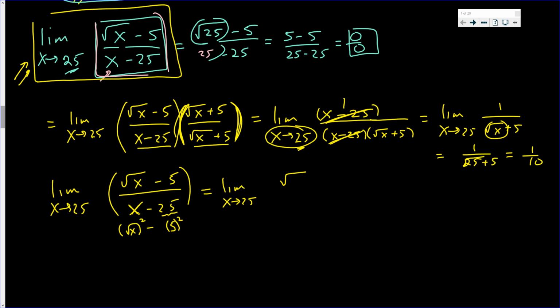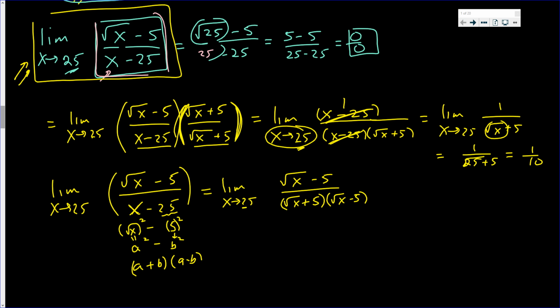So the top is square root of x minus 5, and the bottom is the difference of squares. If square root of x is a and b is 5, this becomes a plus b times a minus b, where a is the square root of x and b is 5.